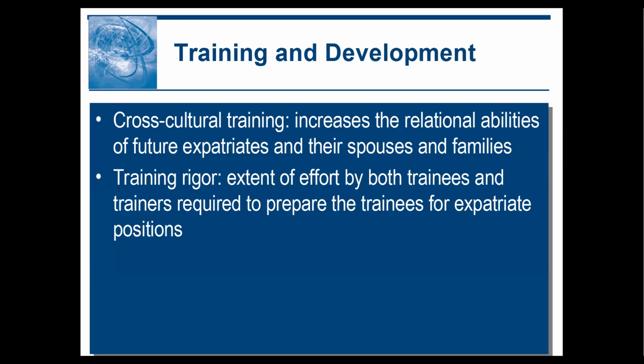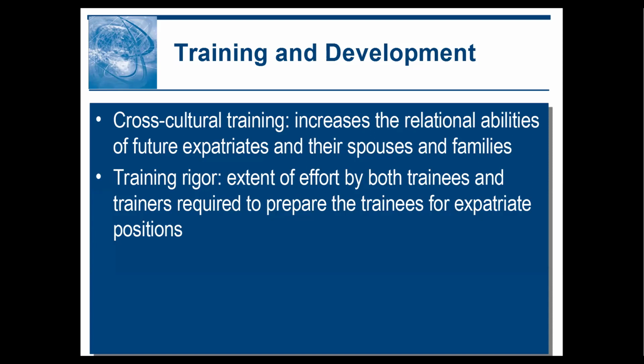Training and development, we have discussed that also. Cross-cultural training increases the relational abilities of future expatriates and their spouses and families. Training rigor: rigor means toughness of that training. If that culture is highly different from our parent country or mother country culture, then the training program needs to be more rigorous.